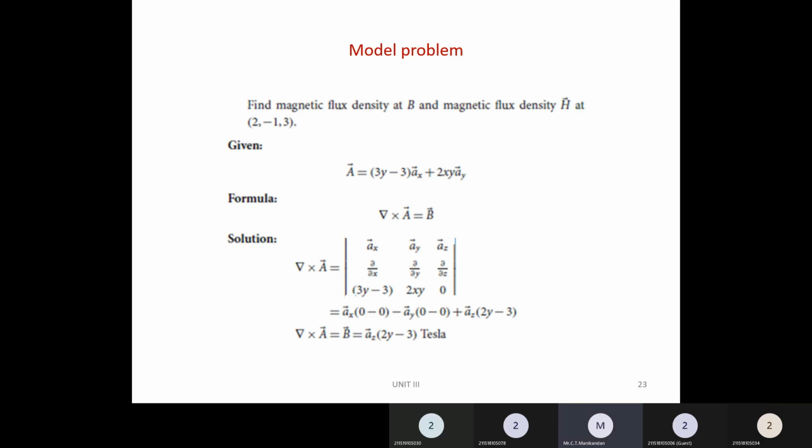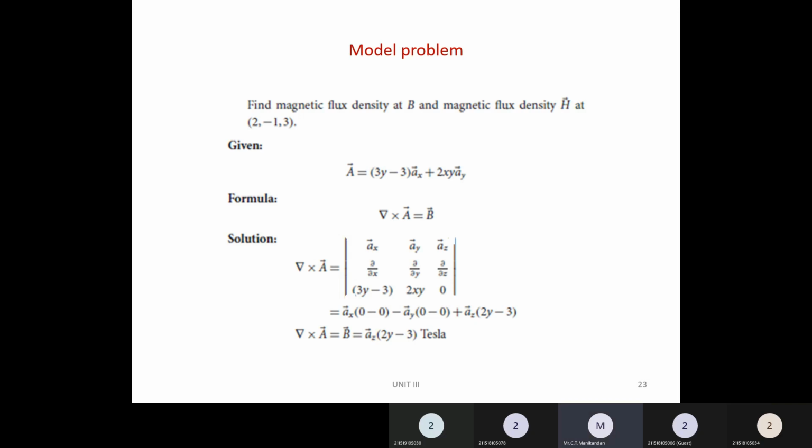And we see a model problem here where they will be giving you magnetic field intensity and magnetic flux density. You have to calculate magnetic field intensity and magnetic flux density, and they are given the value of A here. A vector, that is the vector magnetic potential, they are given you.